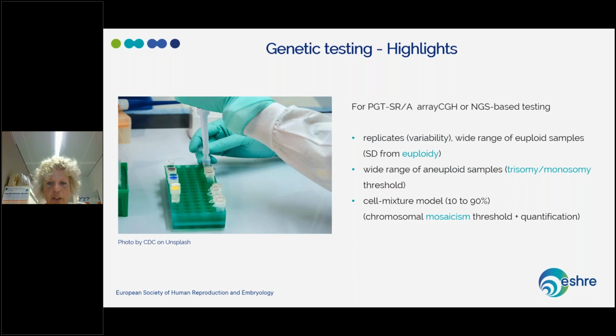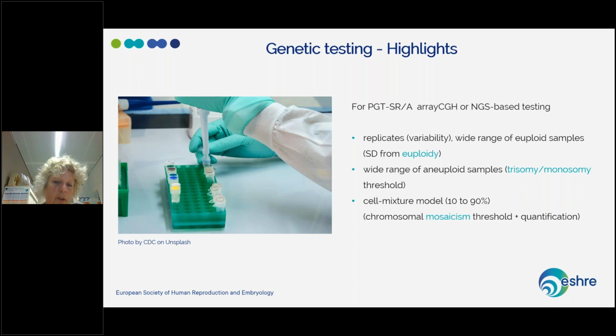So for PGT-SR and PGT-A, when using array-CGH or NGS-based testing, it's important to test enough replicates to get a sense of the variability and use a wide range of euploid samples. So you have an impression of what the standard deviation for calling euploidy is in your platform.